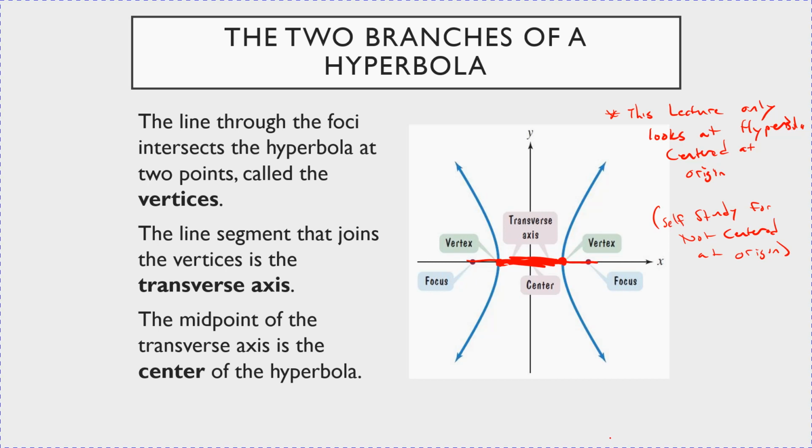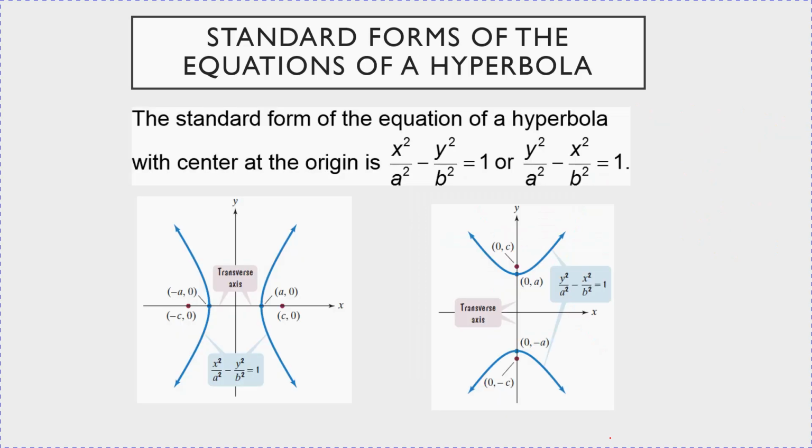The equations in standard form of a hyperbola with the origin at the center are given as follows. There are two types. You could have x squared divided by a squared minus y squared divided by b squared equals 1. That would be the case where the hyperbola looks like this.